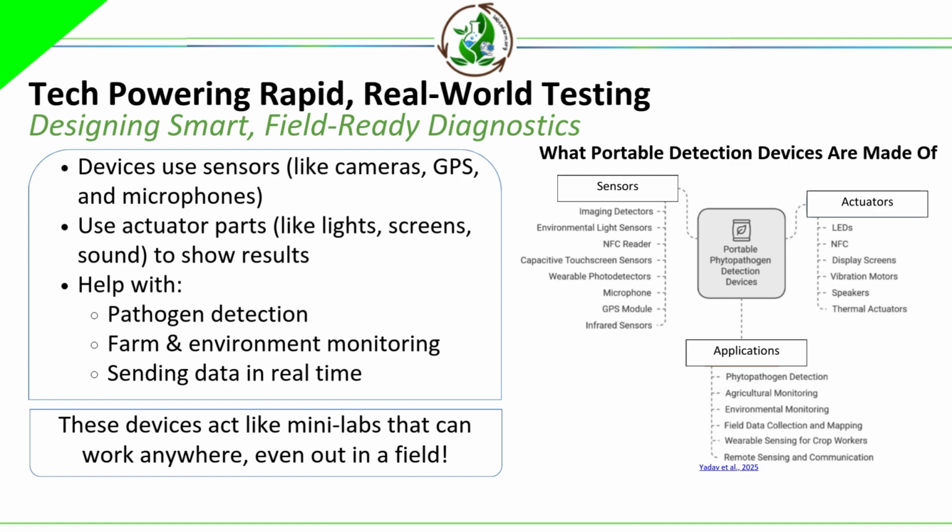These devices can be used for pathogen detection, agricultural and environmental monitoring, and even wearable sensing for field workers. You can think of them like a smartphone crossed with a lab instrument. They can detect, analyze, and report in real time and send data instantly to farmers, advisors, or remote teams. So the key to real field-ready diagnostics is combining smart sensing, clear output, and fast communication, all in a portable form you can actually carry into the field.